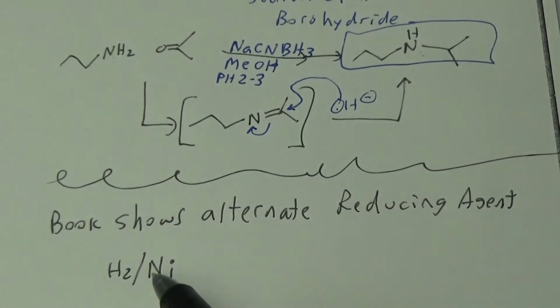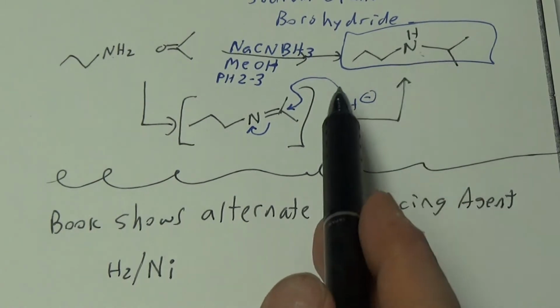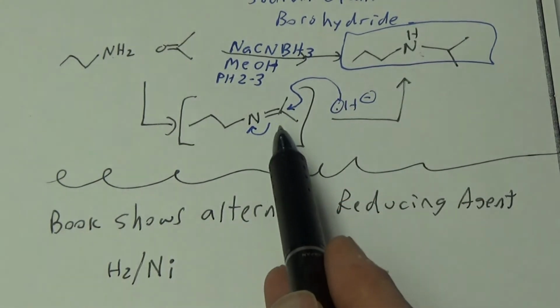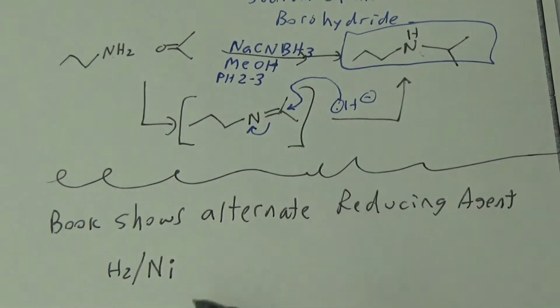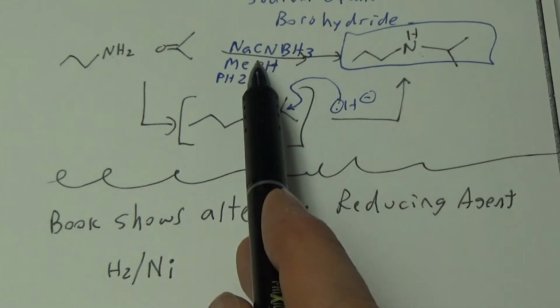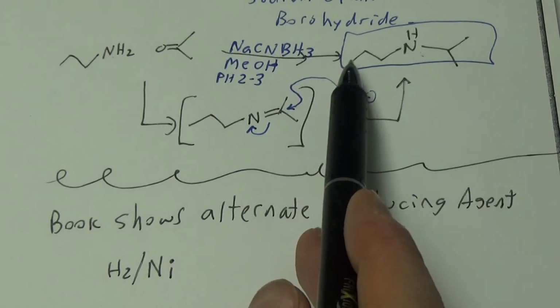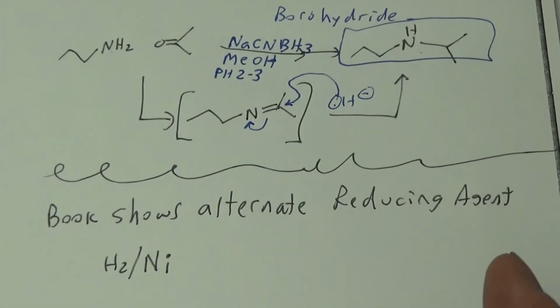Of course H2 adds an H and another H, so it's a reduction of the imine by addition of H2 to the nitrogen and the carbon. So that's another way to do it. For this course I usually just emphasize NaCNBH3, which again, what's it called? Sodium cyanoborohydride.